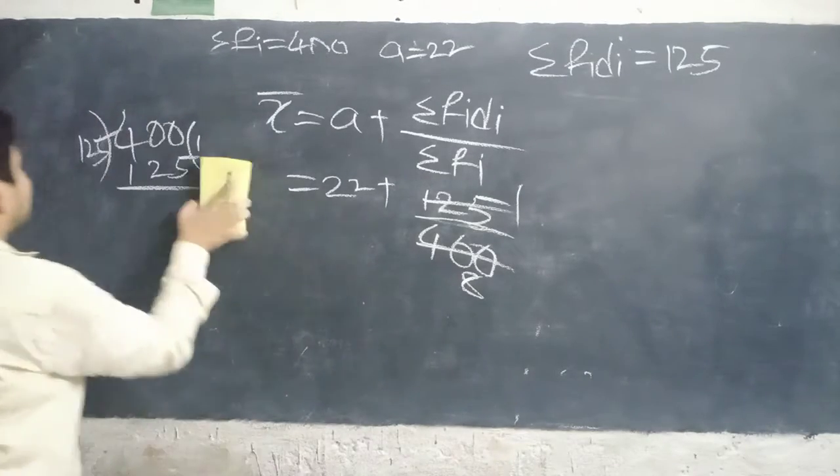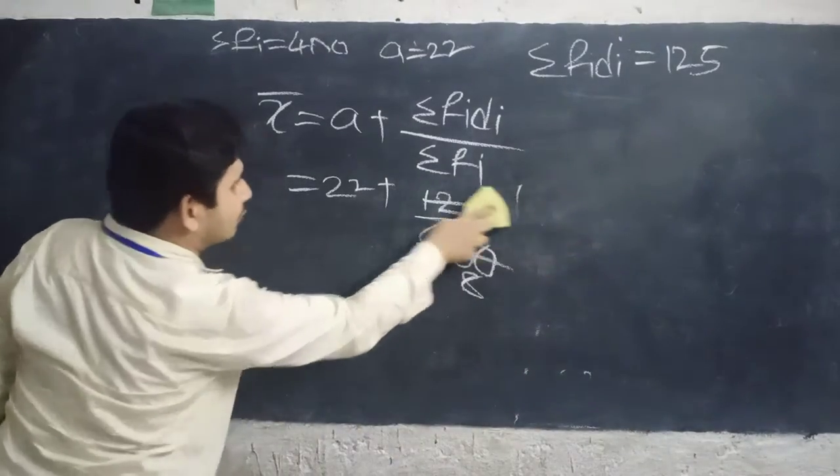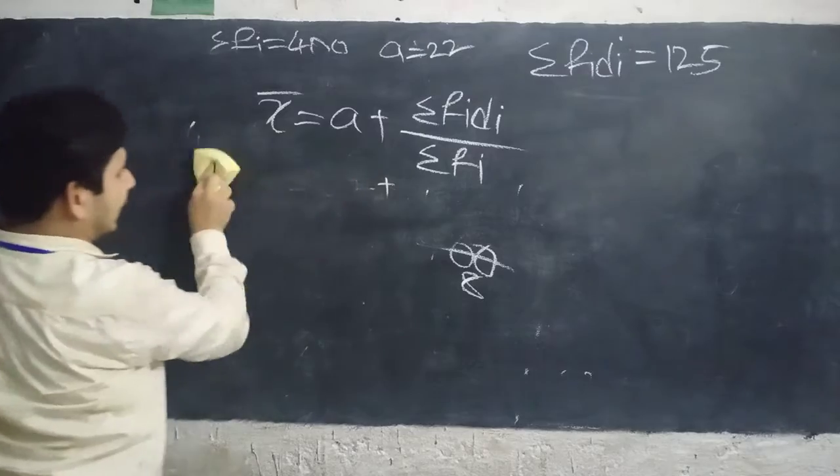We cannot get it like this, so we can go by 5.